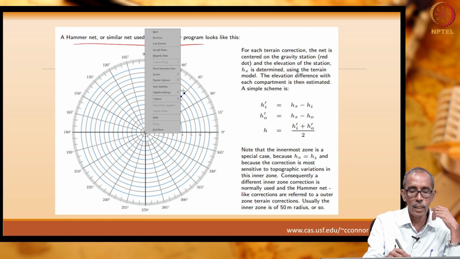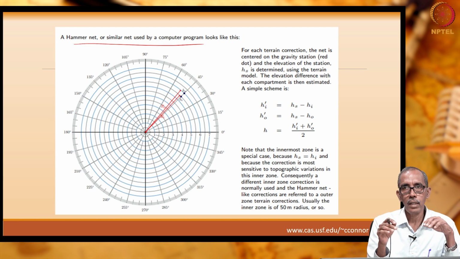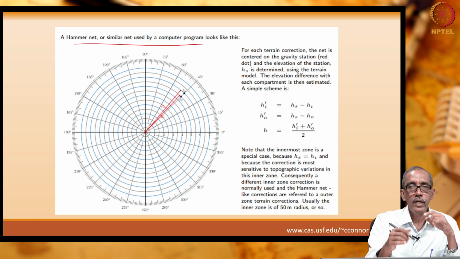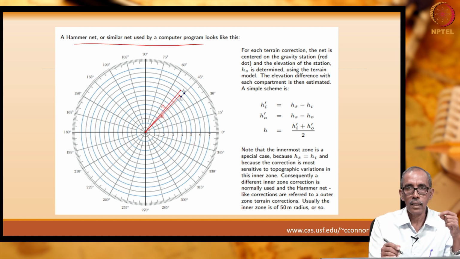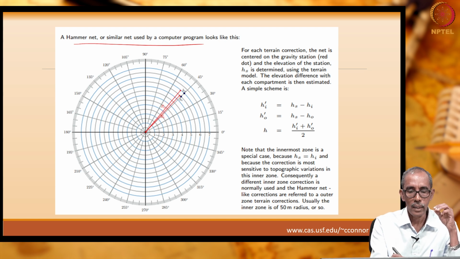The computer program will make use of the digital elevation model which we had obtained for the site and automatically calculate. And what else do we need to give? We should also give the density. So, after giving the density of each sector, it will carry out the total correction that needs to be given for the data we have obtained at the center.